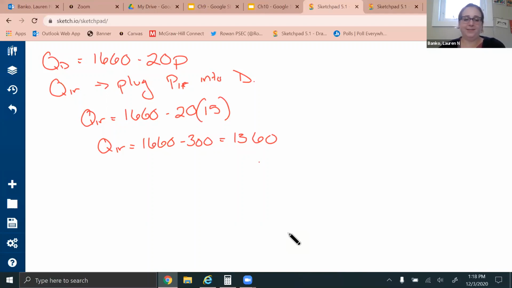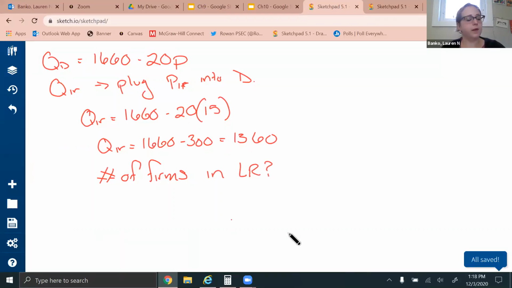And so the last question, there's a lot of these, and I might not ask you all of these, but the last question I could ask with that is how many firms are there in the long run? And we can use a formula that we kind of used already.